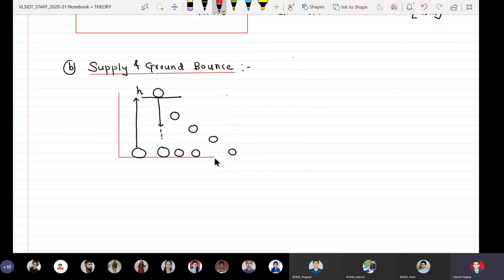The maximum height attained by the ball after every bounce goes on reducing. So the trend is like this. This is called the concept of bounce.